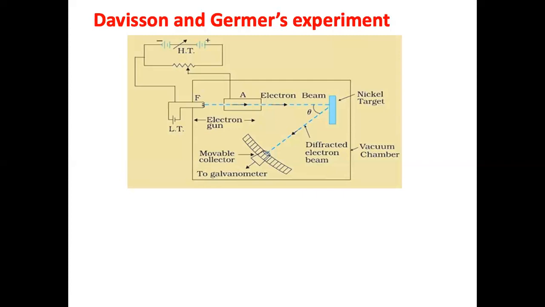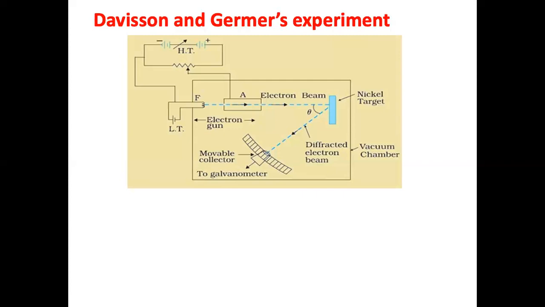That's why we take a nickel target. So the interplanar distance is very short. Here we take the interplanar distance d equal to 0.91 angstroms for this nickel target.